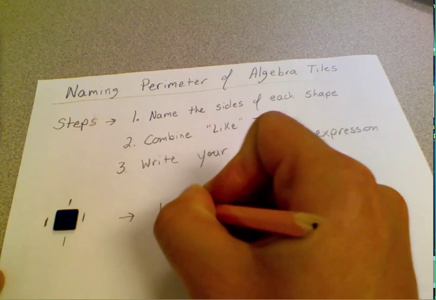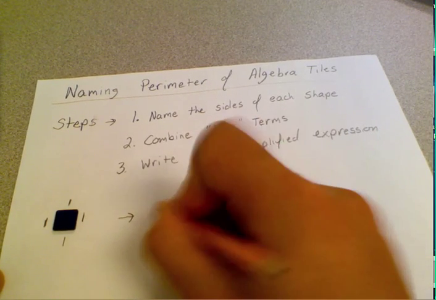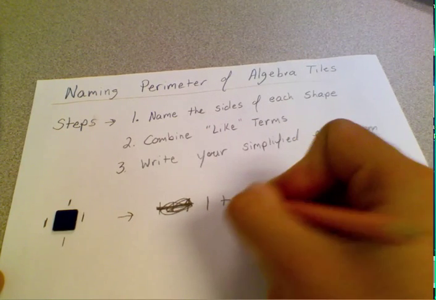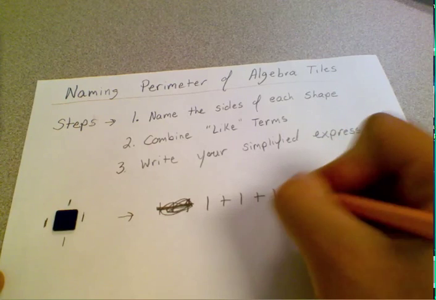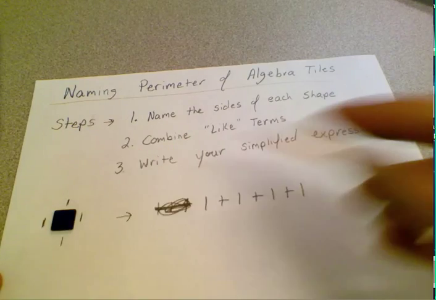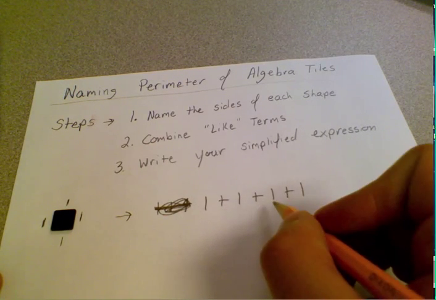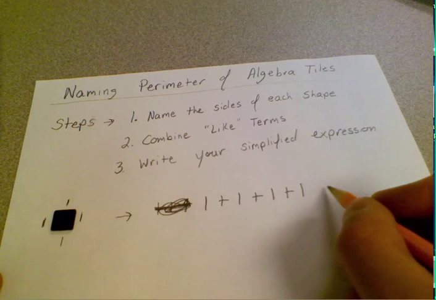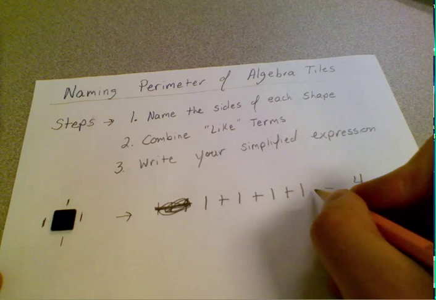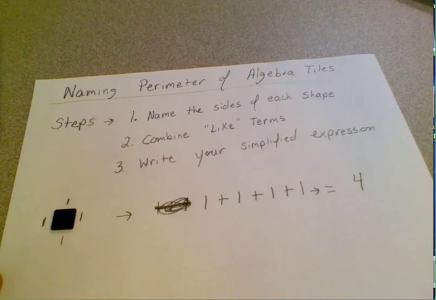I'm going to rewrite this over here. 1 plus 1 plus 1 plus 1, when I added up everything around. But now I need to simplify this. I know that 1 plus 1 plus 1 plus 1 is equal to 4. 4 would be my simplified expression. So that is the 1 tile.